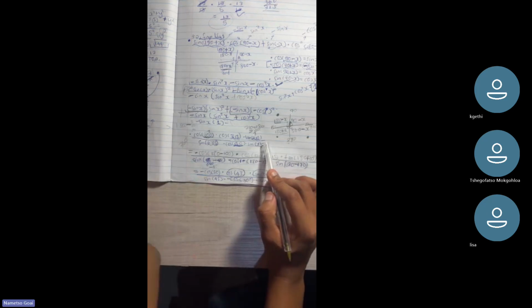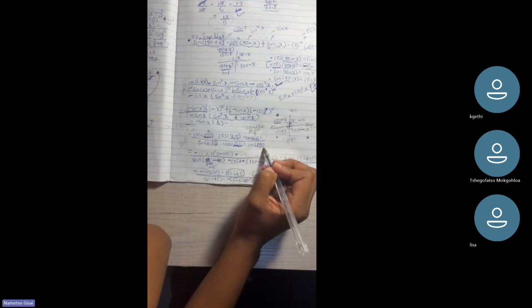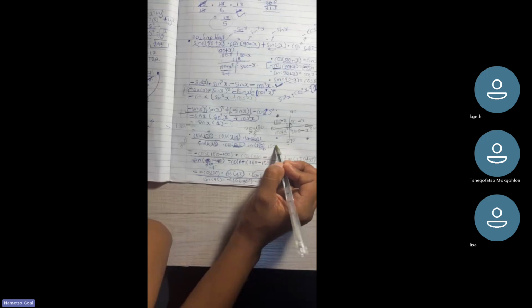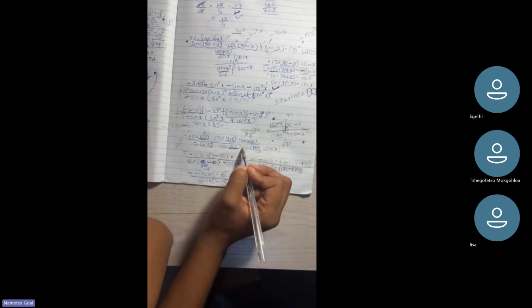This is supposed to be a negative because this 170 is in the 180 plus x quadrant, right? And we didn't put the negative over here. Guys, I'm so sorry, my brain is so foggy.